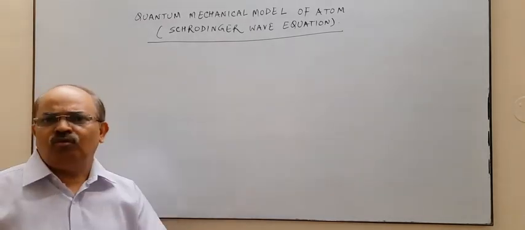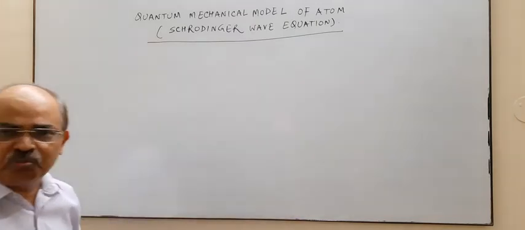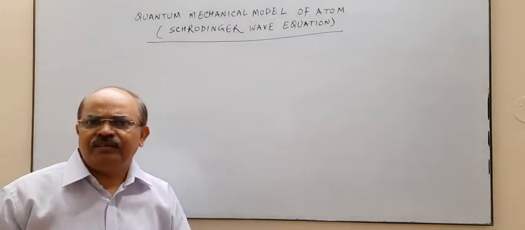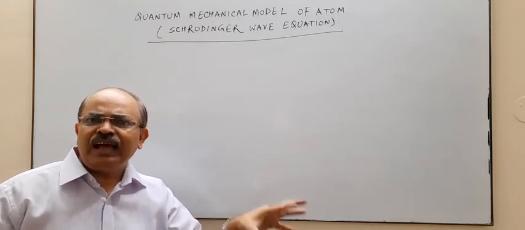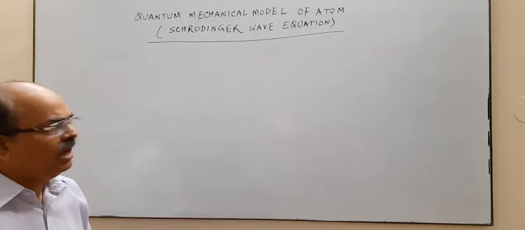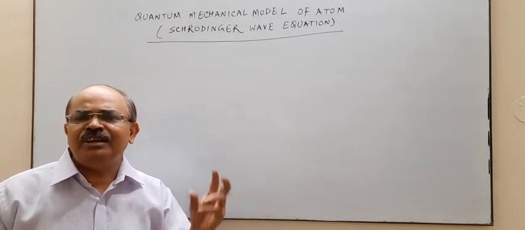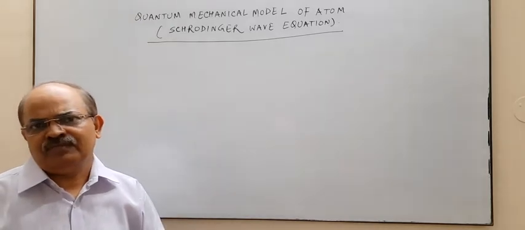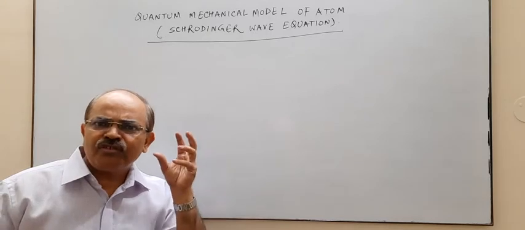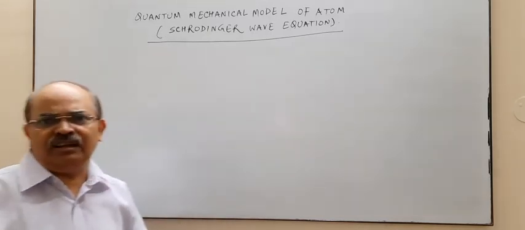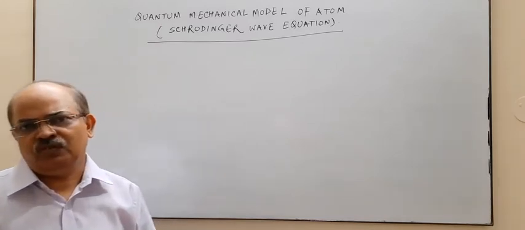And also from the Heisenberg uncertainty principle, we know that it is impossible to determine the exact position and the velocity of an electron simultaneously.